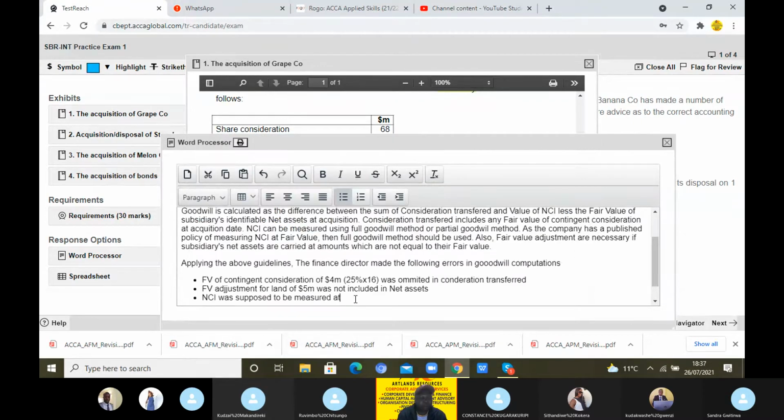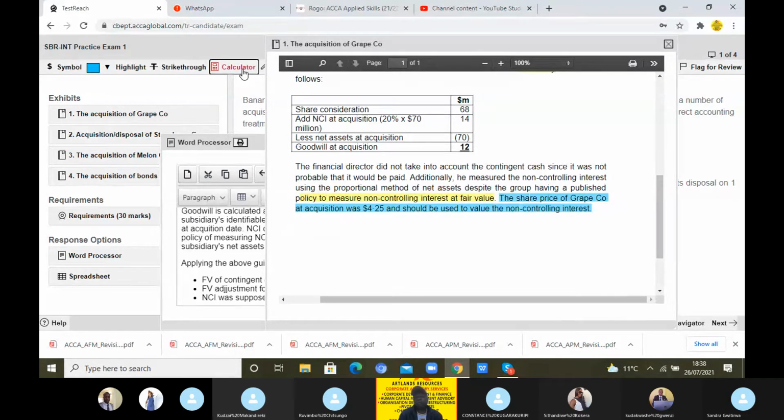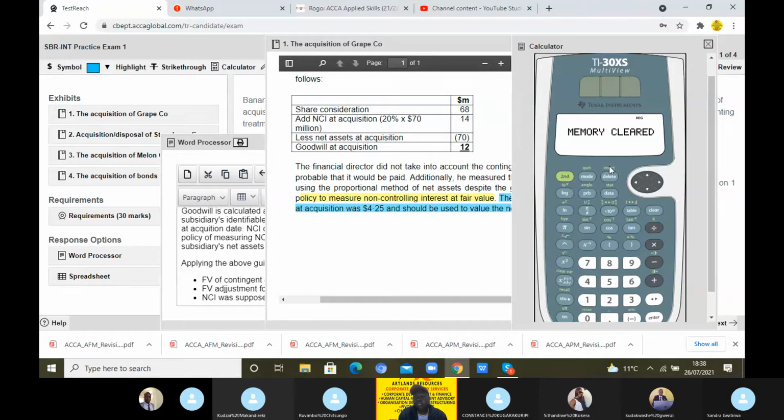So you need to have a calculator nearby with you because we are using CBE. The calculator is there for me here. You can punch the figures in by typing them on your keyboard, not on the calculator itself.